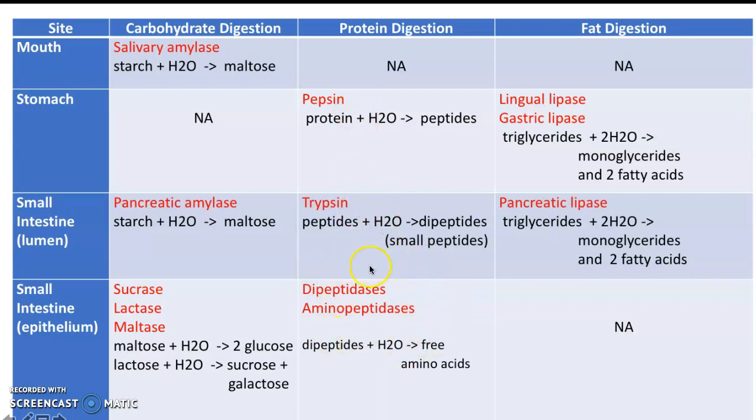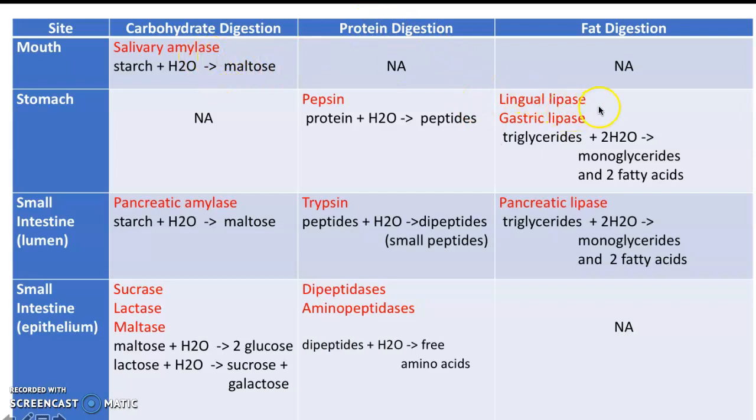Likewise, we can have dipeptidases. This would be an enzyme that breaks down a dipeptide, or two amino acid chain, into single amino acids, and we also have aminopeptidases as well. So we've got similar enzymes that show up under different names. And the last thing I want to show you, in case you weren't familiar with this, is that you know you're talking about an enzyme very frequently when the name ends in ASE.